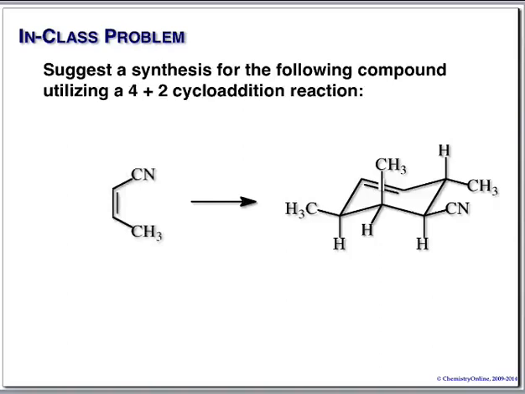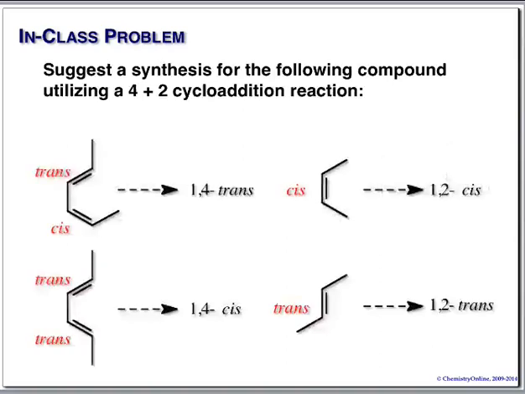Our two methyl groups here are both equatorial. Now remember our rule. These are equatorial, that means they're trans. Where do we get trans? We got trans if we had cis strands in our diene.